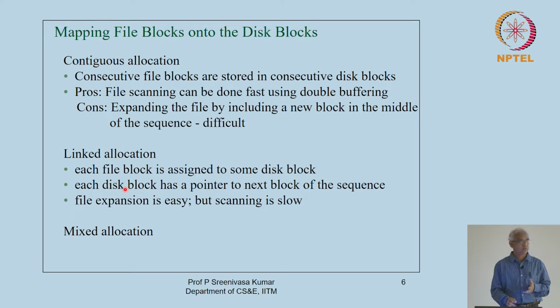Now the expansion, of course, is very easy, because inserting a new element into a linked list is easy. You can do pointer manipulation and then insert a block. But the downside of this is that if you have to access the first 100 blocks of a file for some reason, it will involve chasing 100 disk pointers.